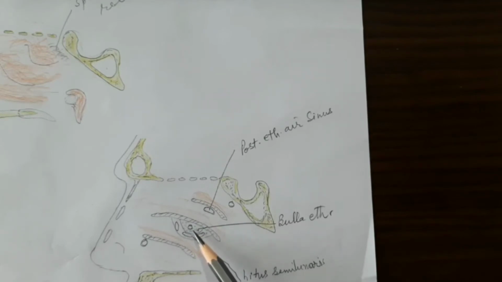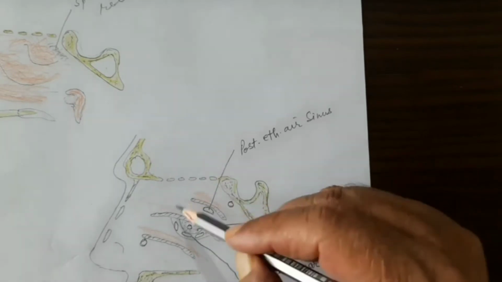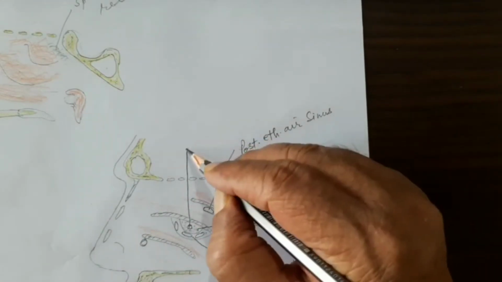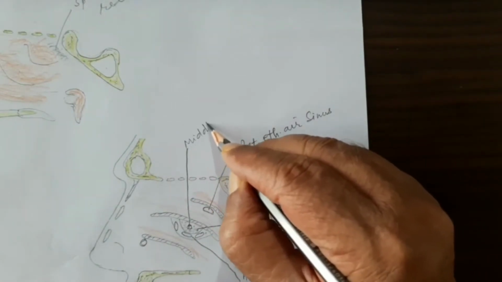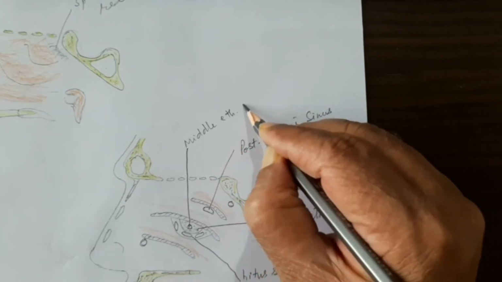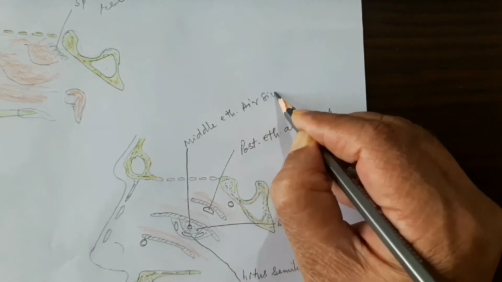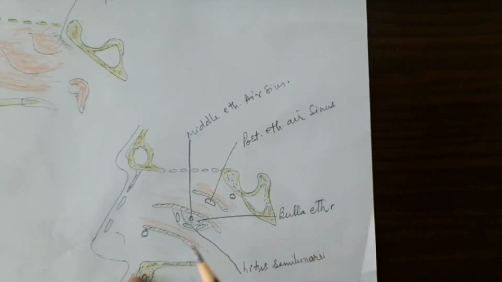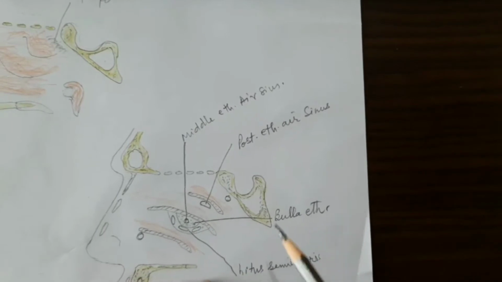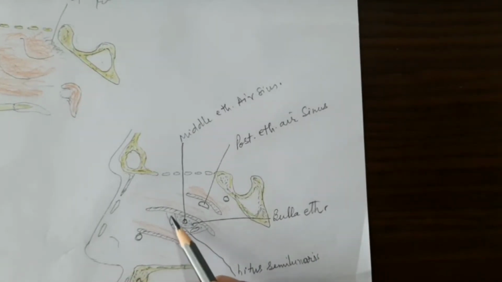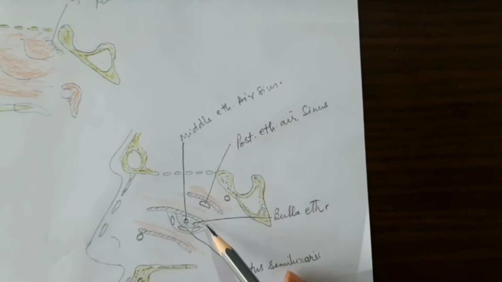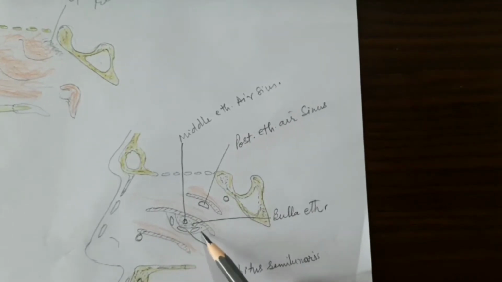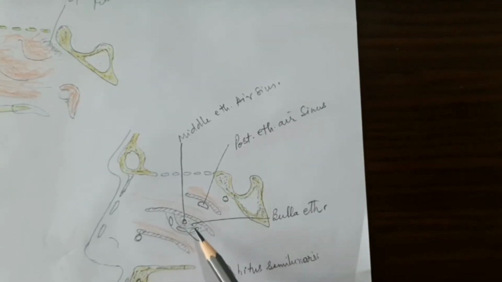In the bone itself, in the middle of this bulla ethmoidalis you are seeing an opening here, and this is for the middle ethmoidal air sinus. Now what you are seeing is the hiatus semilunaris, which we have said is a semicircular hiatus just below the bulla ethmoidalis.